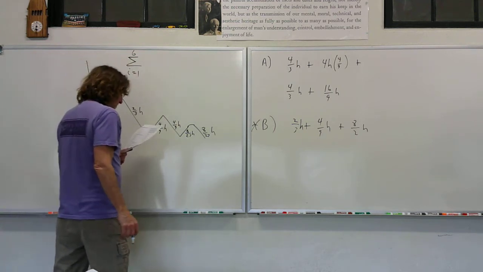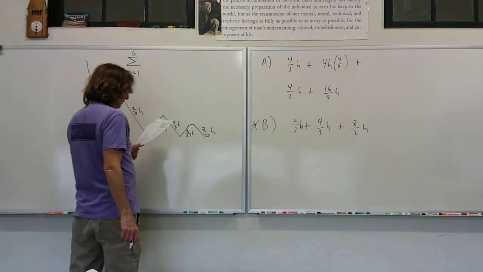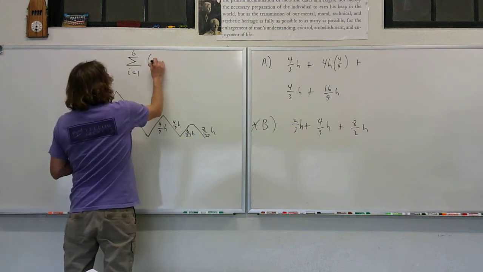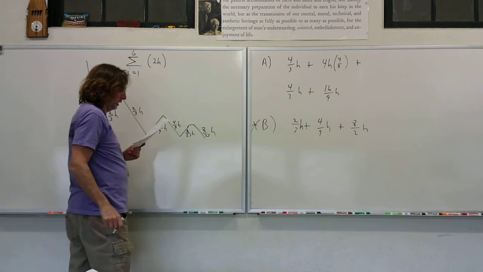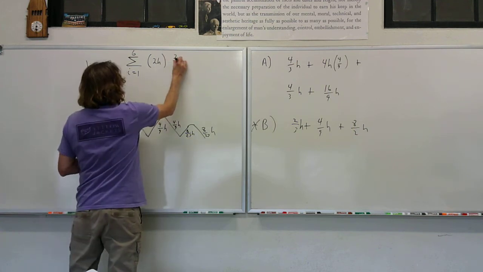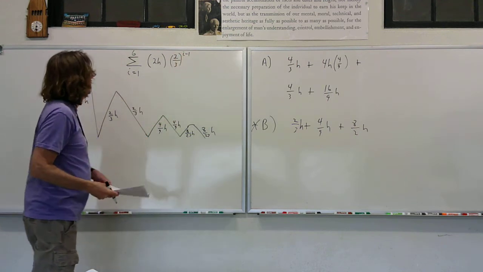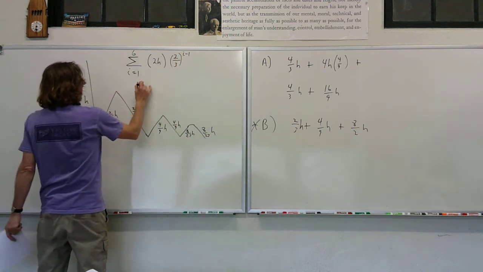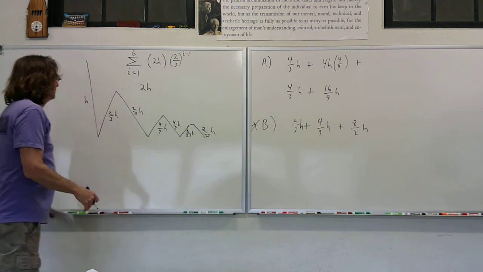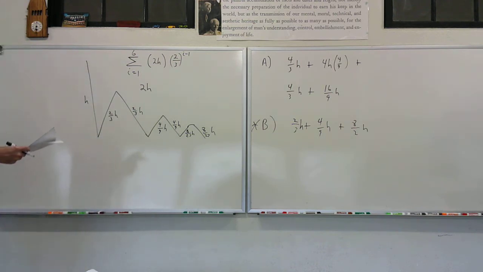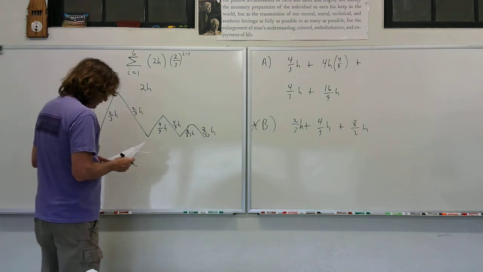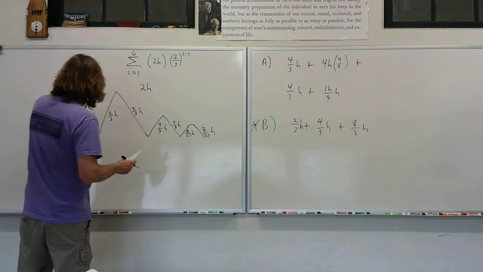Okay. Now, 2h, parentheses, and then 2/3 to the i minus 1. Okay, put a 1 in there. You get 2h. Ball is dropping the height of h feet. Well, let's keep working to see, because see the first bounce, you know, it doesn't bounce the first time.